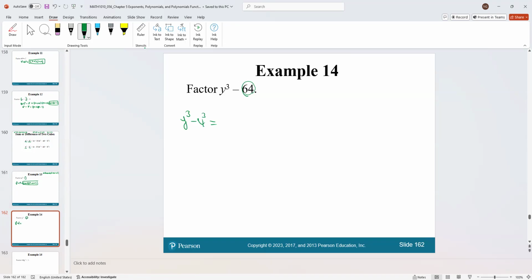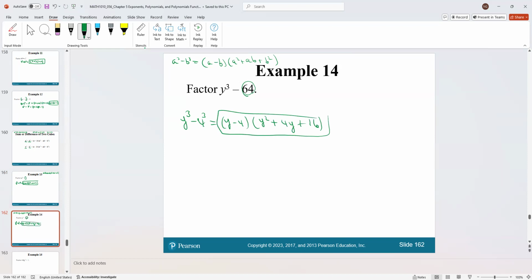And because it says a cube minus b cube, this is the formula for it: a minus b times a square plus ab plus b square. We're going to have something like y minus 4, times y square plus 4 times y, which is 4y, plus 4 square, which is 16.